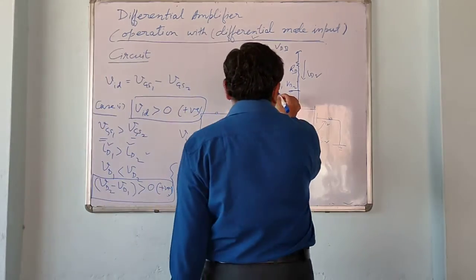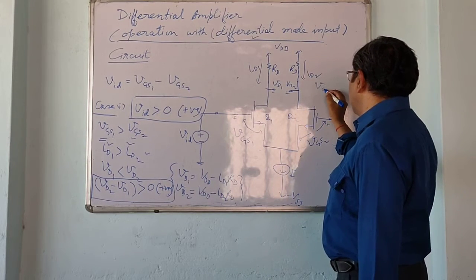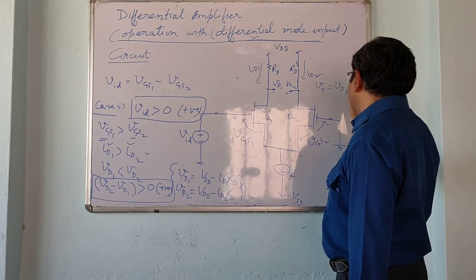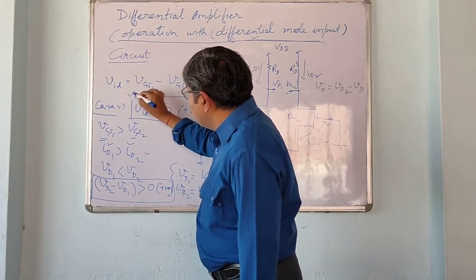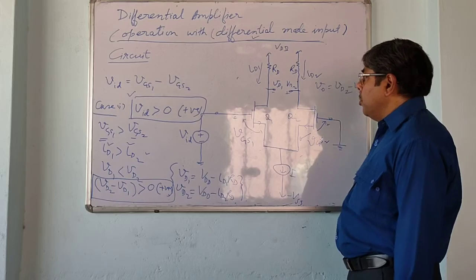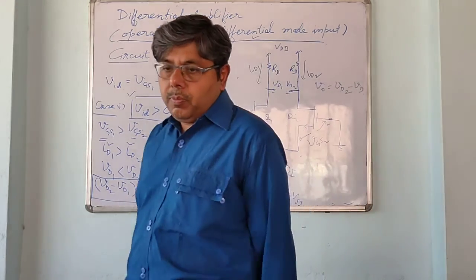We are taking the output as VD2 minus VD1.